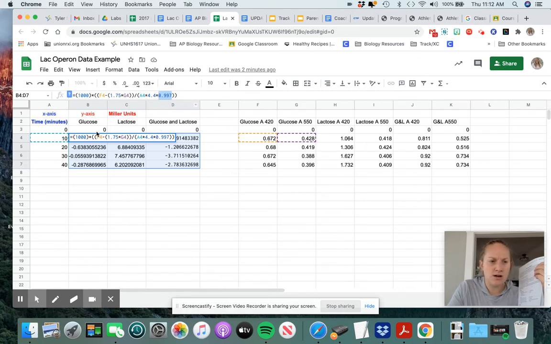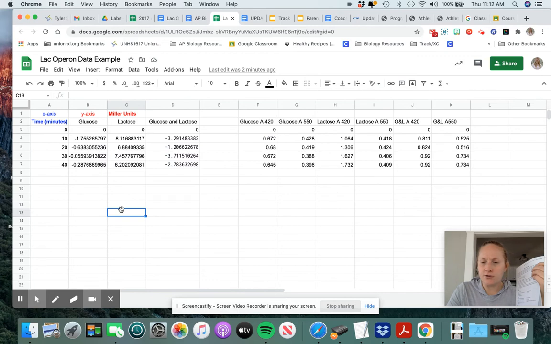For each of these cells, you need to change it to fit your A600. After you're done with that, you're going to have the correct equation for Miller units. So this should all be correct once you've made those changes.